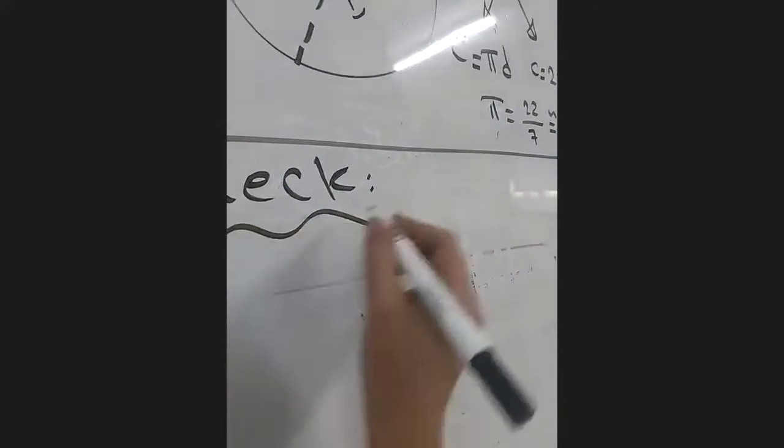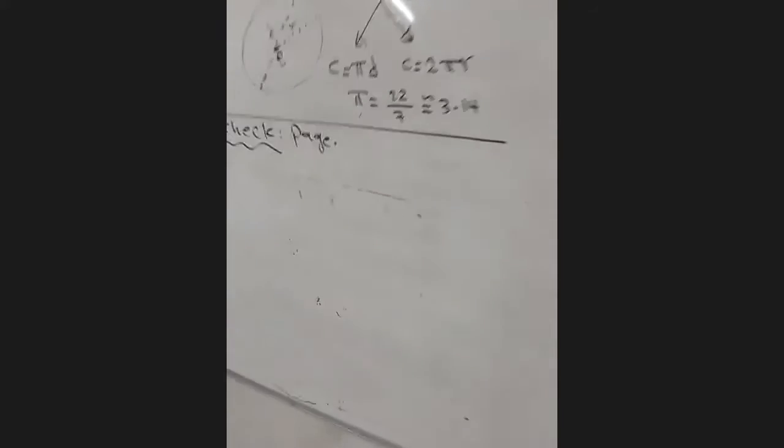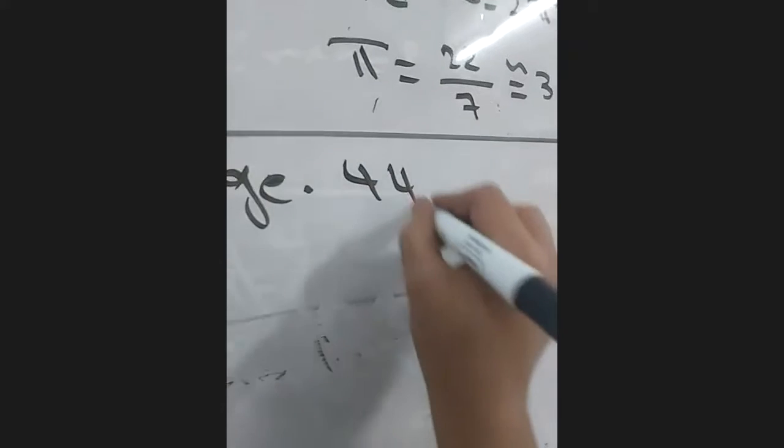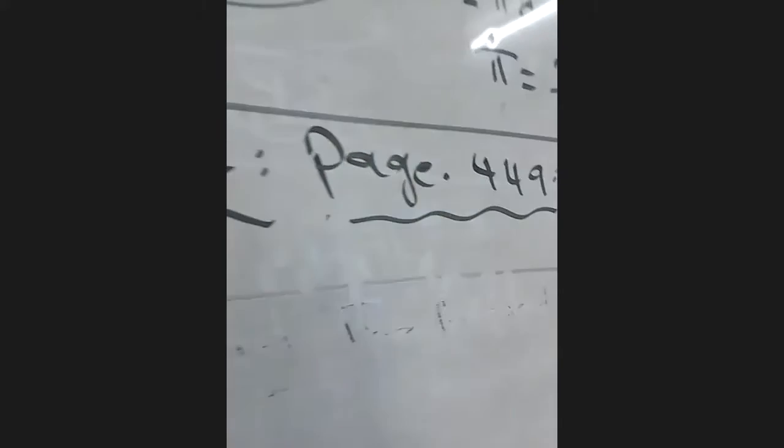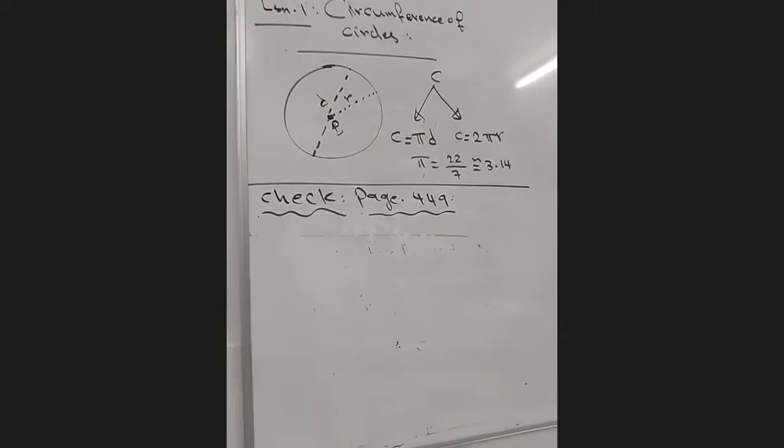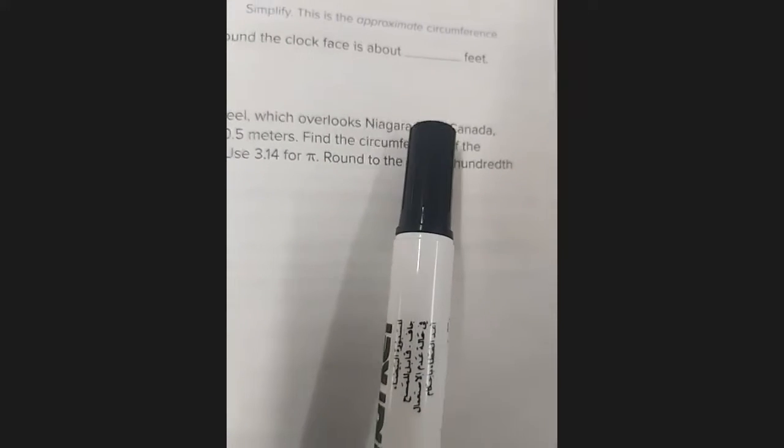The Niagara sky wheel. Which page, Ali? 449. Let's see, guys. We have example 1 here down. We have check. Page 449, guys. Please go there. And Ali will read the check for us. The Niagara sky wheel, which overlooks Niagara Falls, Canada, has a diameter of 50.5 meters.